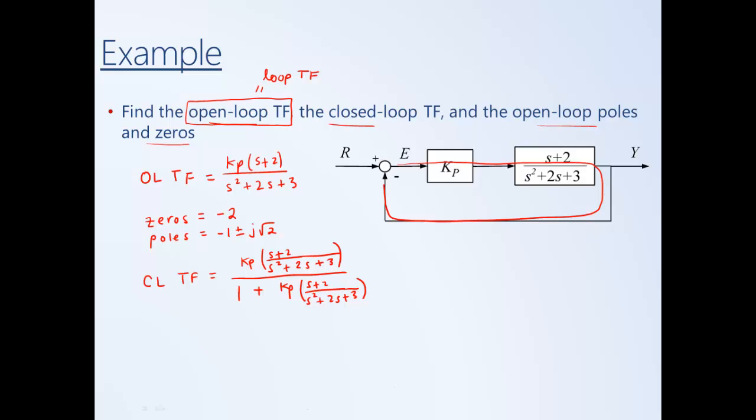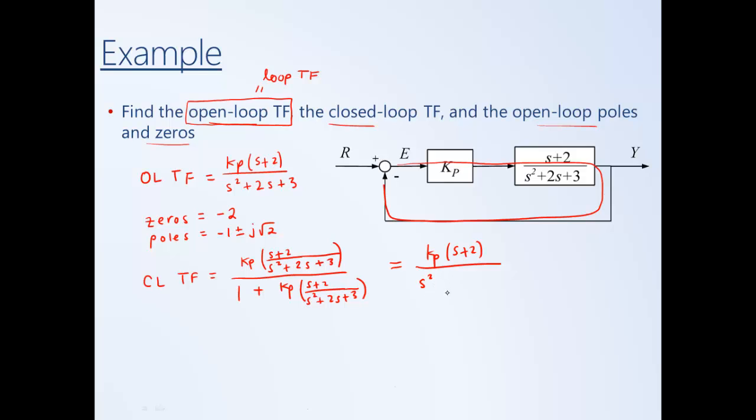We'd like to clean it up a bit, and so in order to clear out those fractions, we multiply through by the denominator of this quantity. So we multiply through on the top and the bottom by s squared plus 2s plus 3. When we do that, it'll cancel that term, and we'll be left with Kp times the quantity s plus 2 in the numerator. And the denominator, when we multiply through by this quantity, we need to distribute it to the 1.